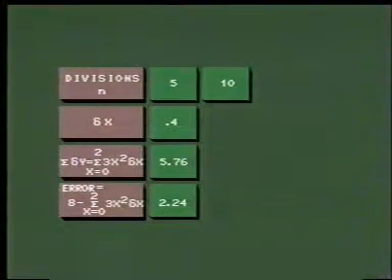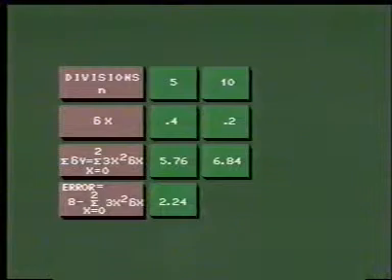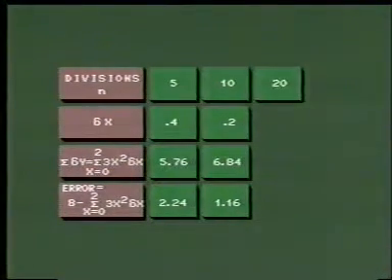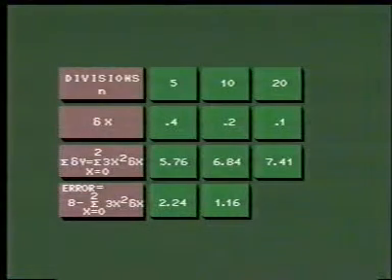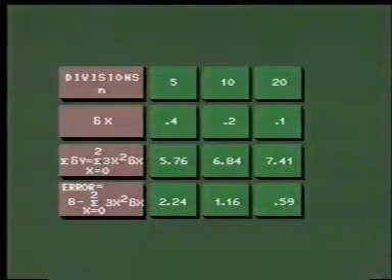Similarly, when n is equal to 10, delta x is equal to 0.2, then sigma 3x square delta x is equal to 6.84, and error is 1.16. When n is equal to 20, delta x is equal to 0.1, then sigma 3x square delta x is equal to 7.41, and the error becomes 0.59.